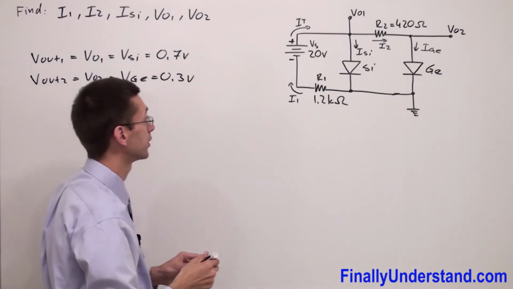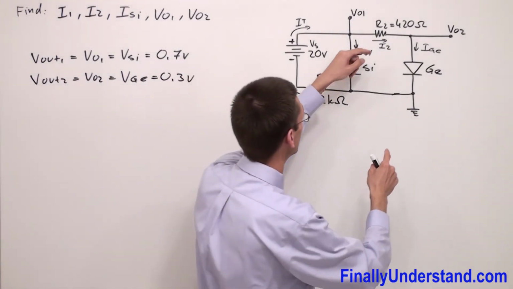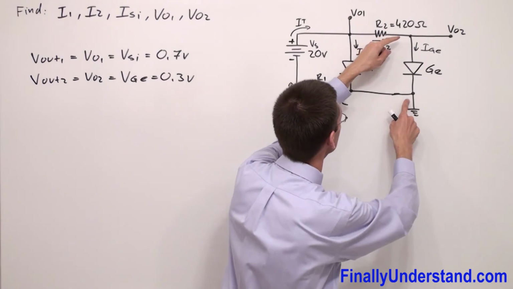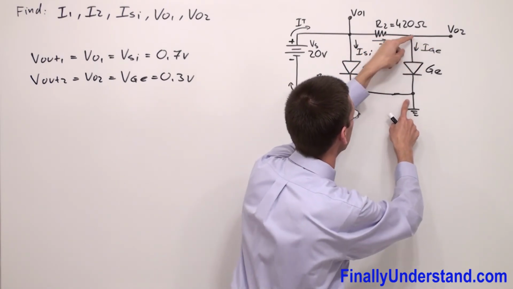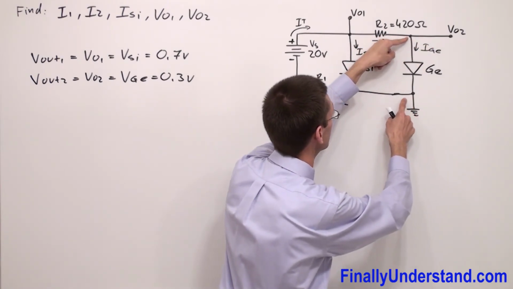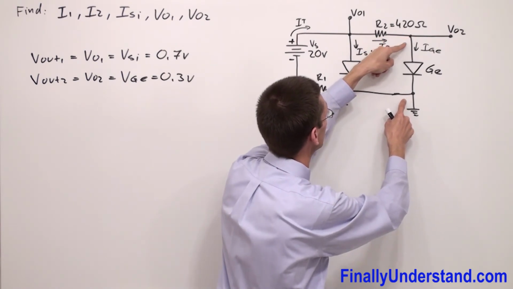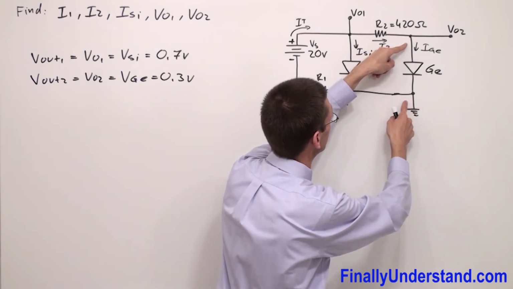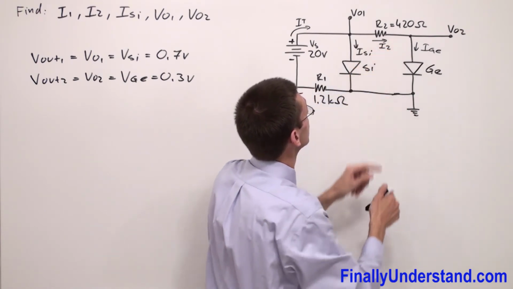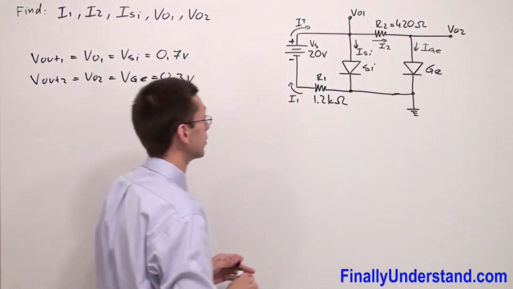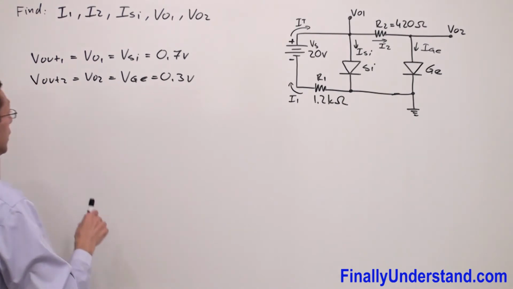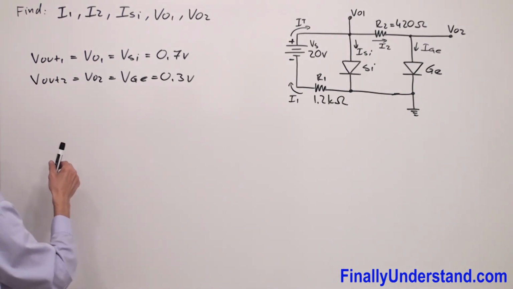Let me clarify myself one more time. Output voltage is the voltage between the ground and the output terminal. So this is also the voltage across this diode, and because this diode is forward biased, the output voltage is equal to the transition voltage of the germanium diode. So we found the output voltages.